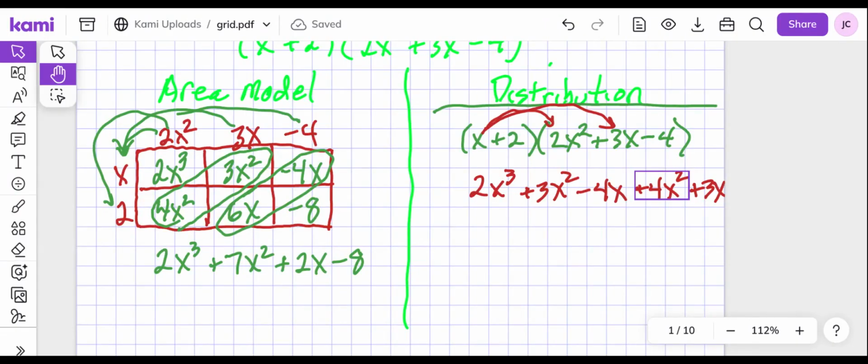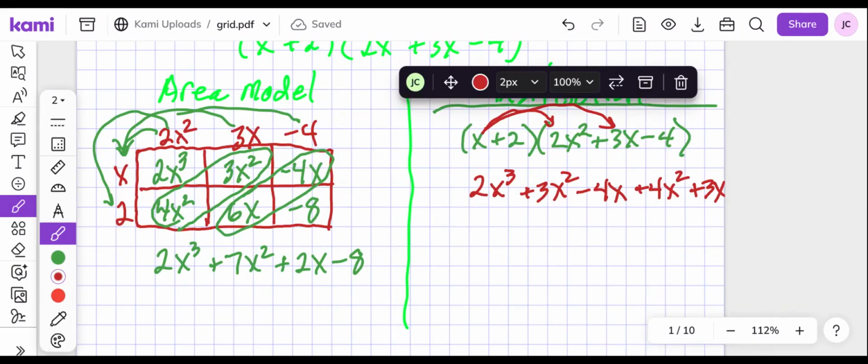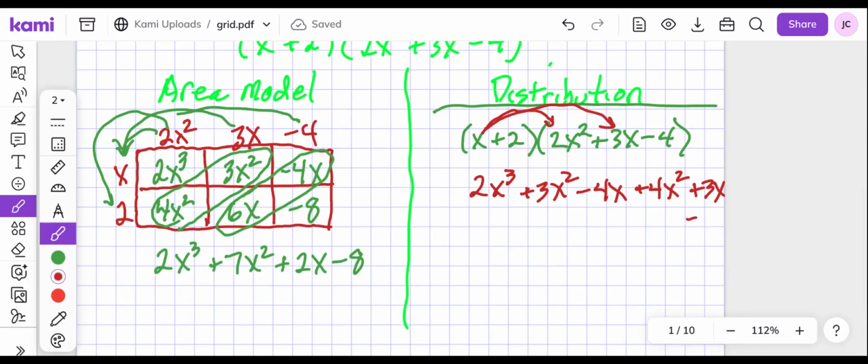I don't know why. All right. Plus 3x minus 8. Okay. This should be 6x, by the way.